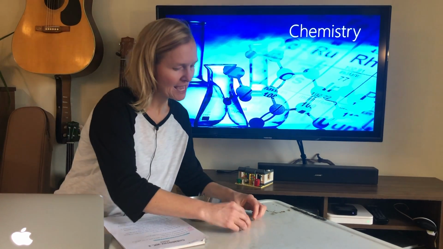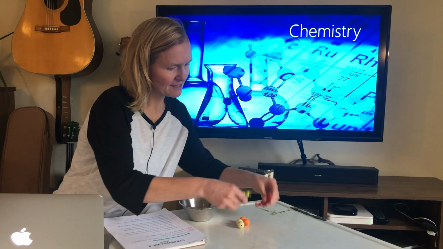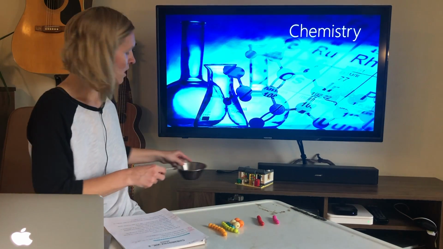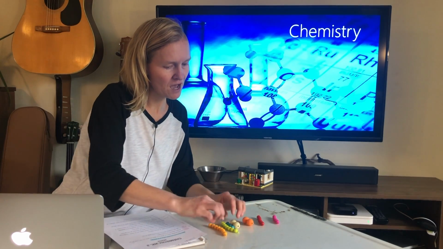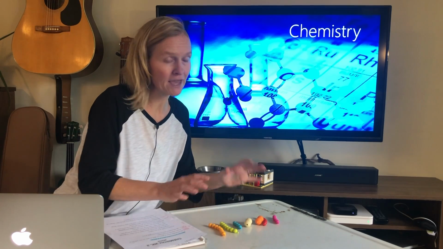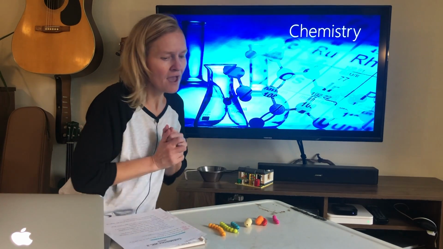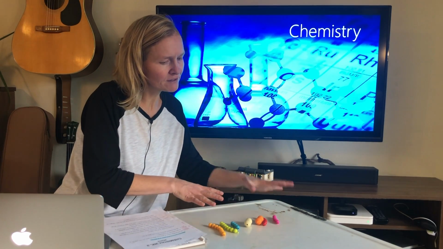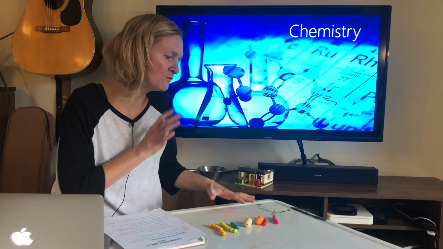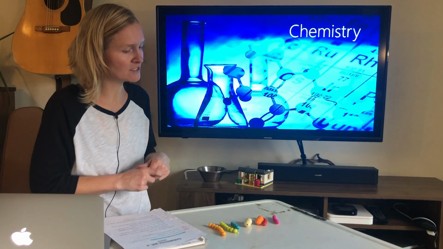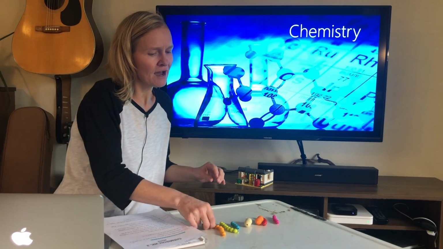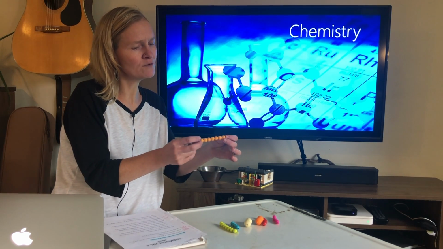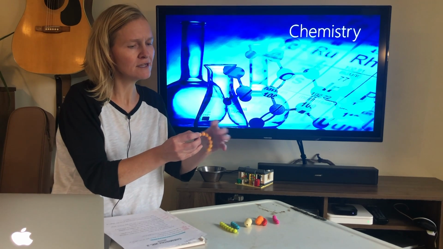We're just going to pretend that these beads here are all examples of some form of a pure element. Some are a little bit bigger, and of course they have different physical properties, if you remember from last week. Each one is different, and this one, we'll just call the orange element.